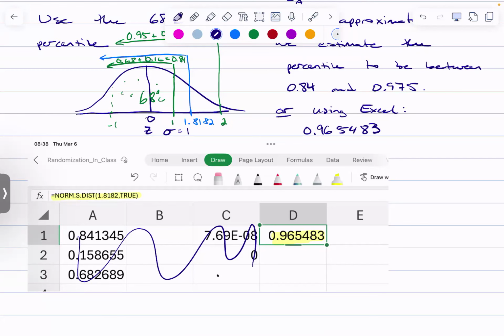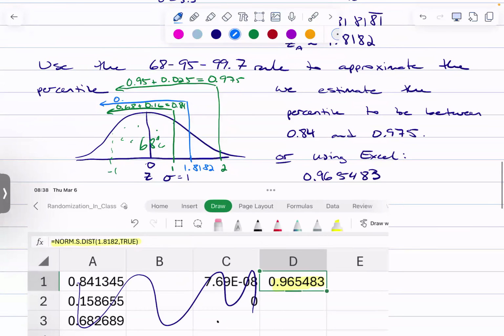0.965483, which I'll put here, 0.965483. Which means that Adrian is at the 96.5th percentile.